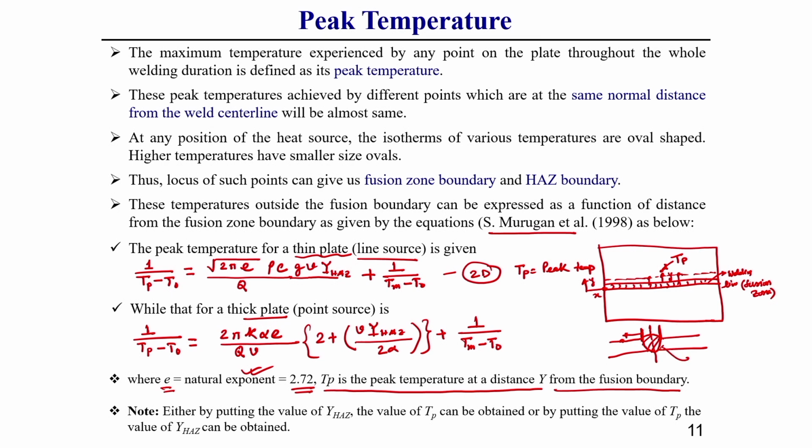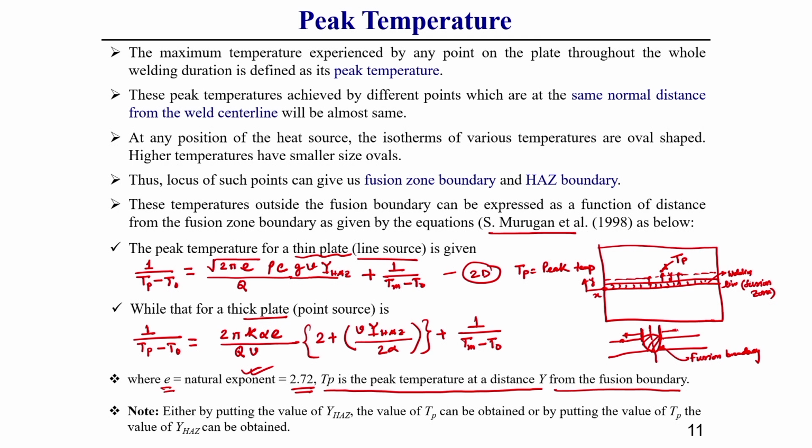What is the fusion boundary? The fusion boundary is that line, or locus, at which your temperature goes up to the melting point temperature. So, this is the fusion boundary.